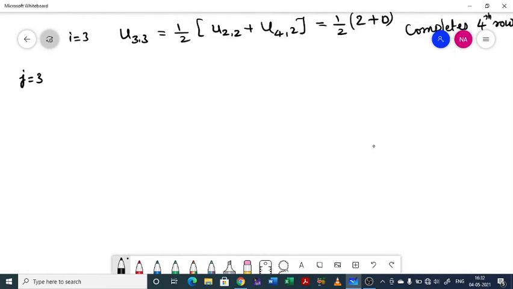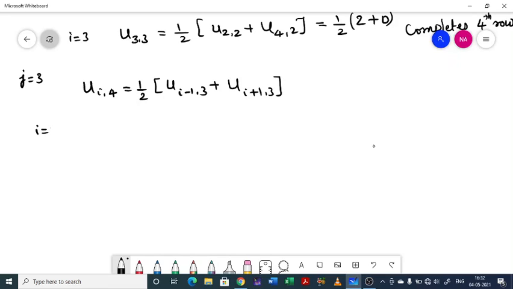Taking j equal to 3, we will have u(i,4) equal to 1/2 times (u(i-1,3) plus u(i+1,3)).